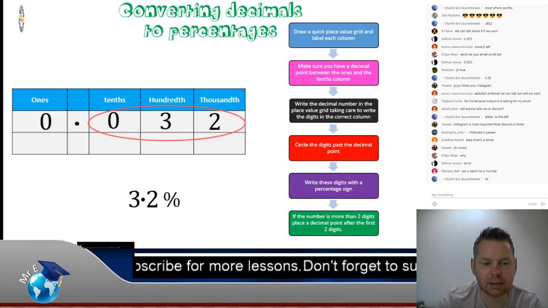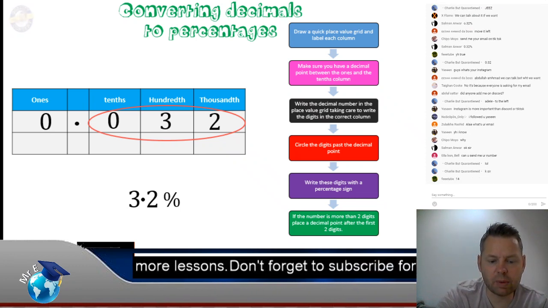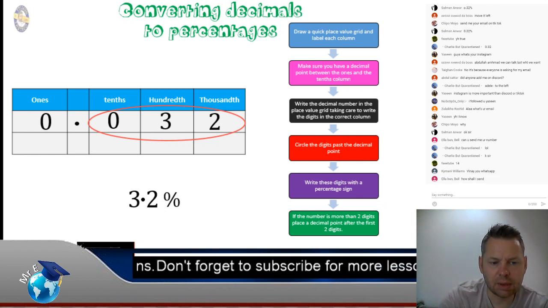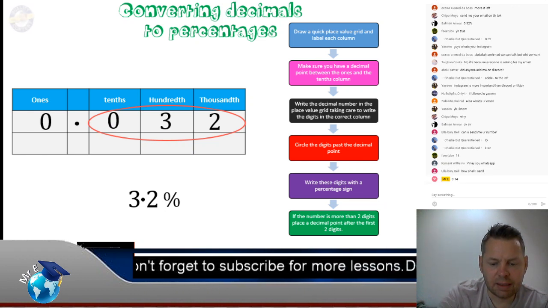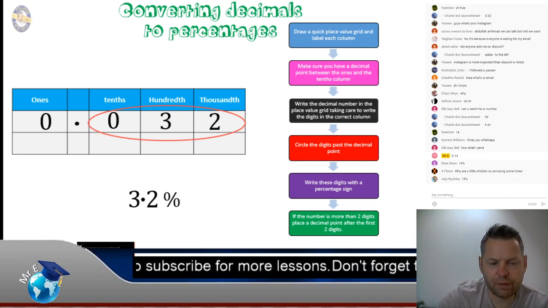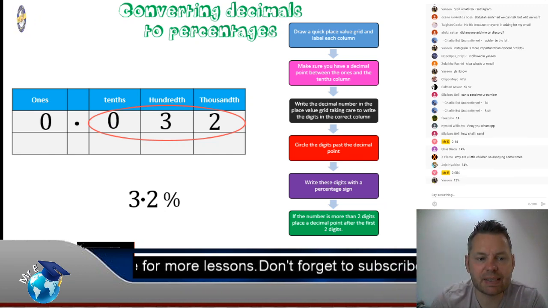So I'm going to put that in the comment section for you. So I want to know what 0.14 and 0.054, I want to know what they both are as a percentage.